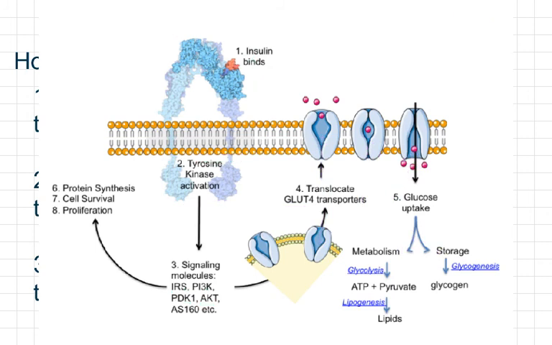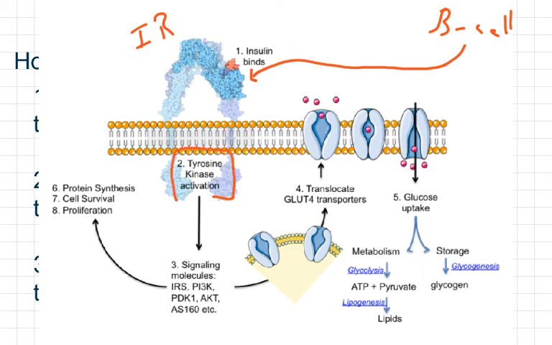To sum up what you need to know for this particular mechanism of action for insulin, first, insulin is produced and released by the beta cells. The beta cells directly release insulin into the bloodstream, and it attaches to this globular protein known as the insulin receptor, or IR, at the surface of the target tissue. The IR then activates this tyrosine kinase, which then activates a series of secondary messengers.